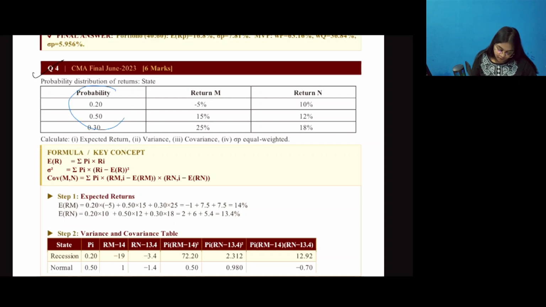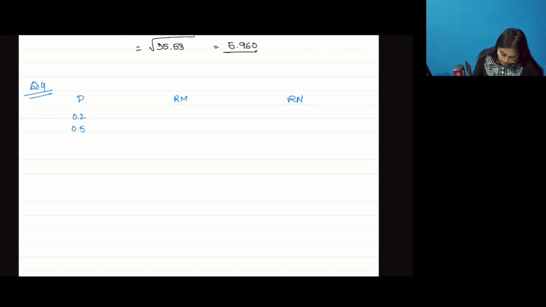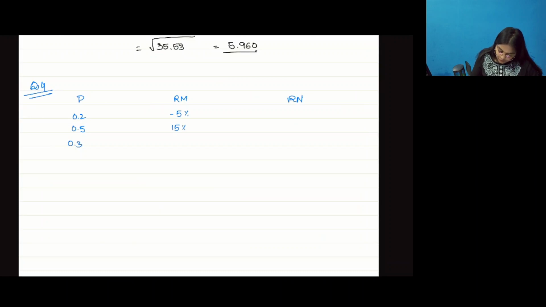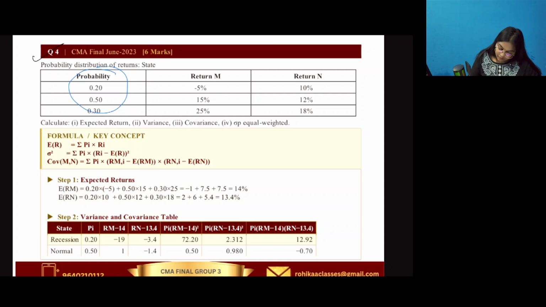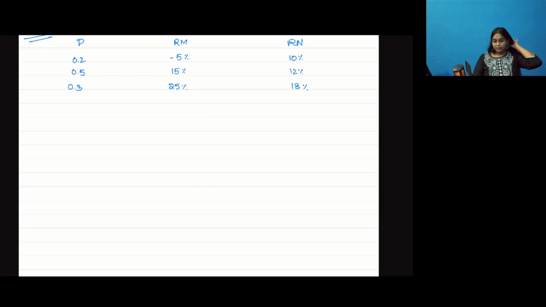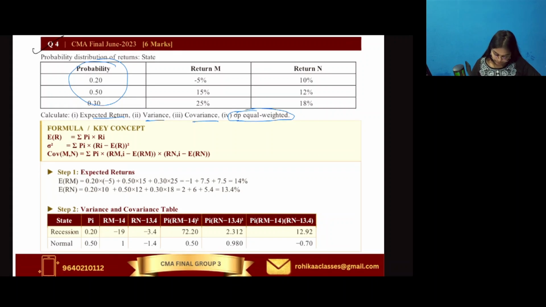So this is future data, they have given probability, return M, return N. The probabilities are 0.2, 0.5, 0.3, and returns are minus 5%, 15%, 25% for M, and 10%, 12%, 18% for N. The question asks to calculate expected return, variance, covariance and risk of the portfolio if the weights are equal, that is 0.5 and 0.5.